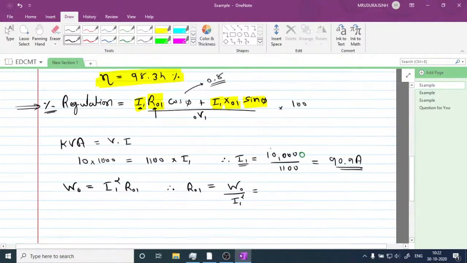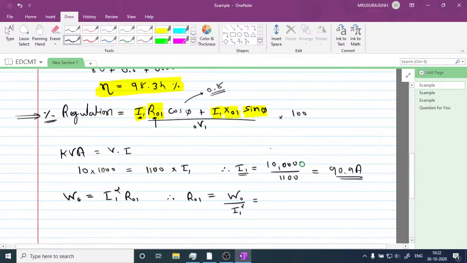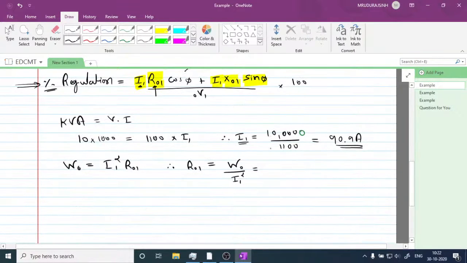This Wc is 850 watt, so it's 850 watt divided by 90.9 square.